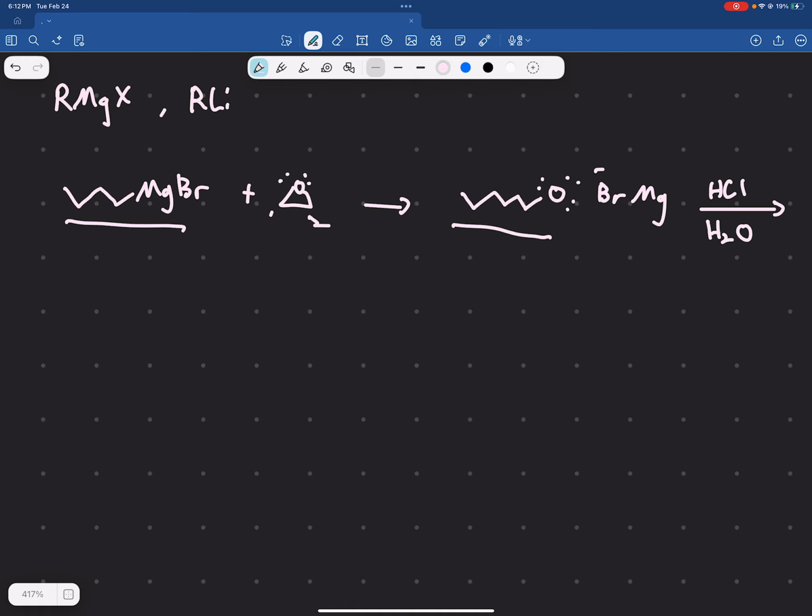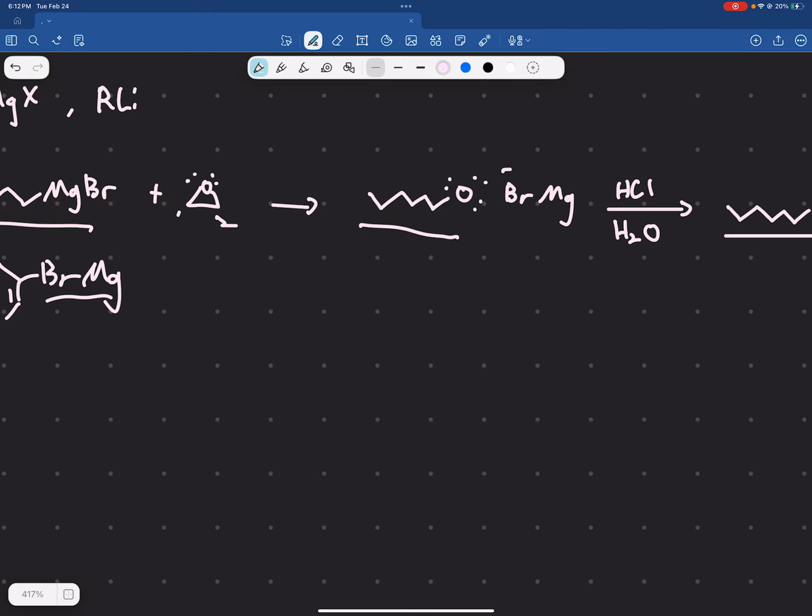If we react such a compound with a substituted oxirane, let's do something else. Let's say we have phenylmagnesium bromide. I keep writing the bromine first, but it should ideally be swapped over, so let's change that.